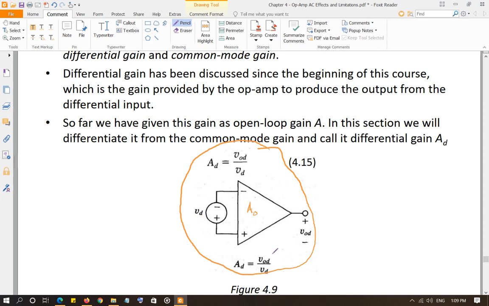Since we are using common mode and differential mode, we are differentiating between the variables of the two by appending a D for differential mode. So AD, which is A0 here, is the output due to the differential mode, that is, when the input is a differential input, divided by the input value. And that's a common operation that we have discussed for the operational amplifier.